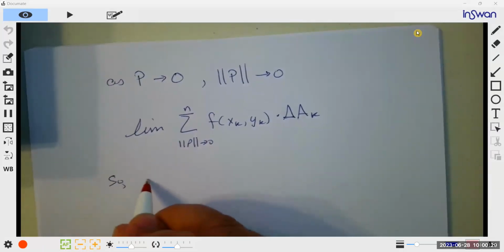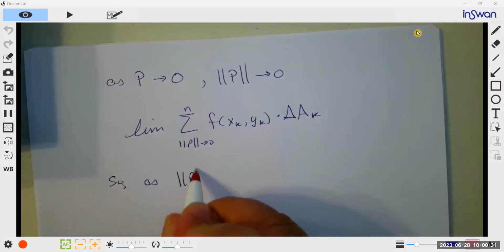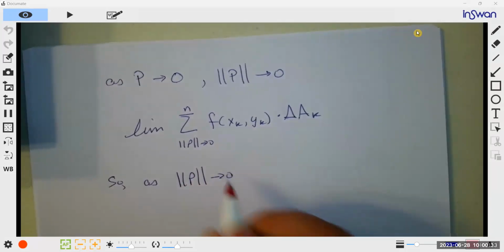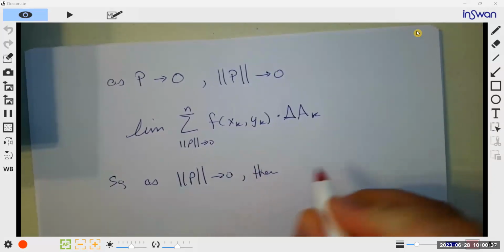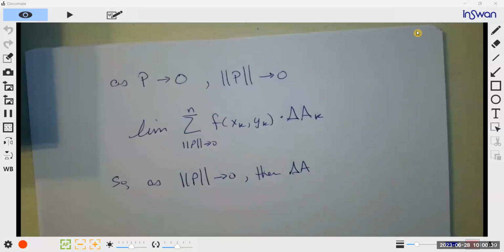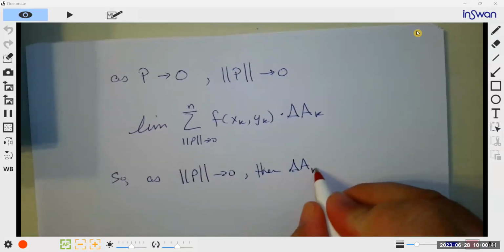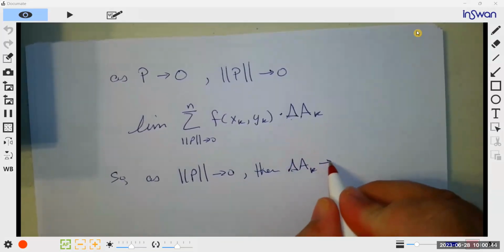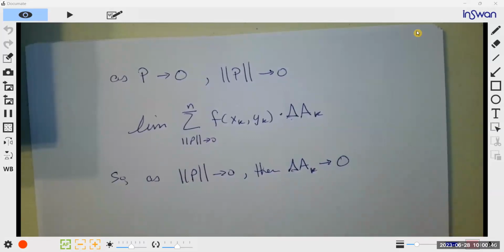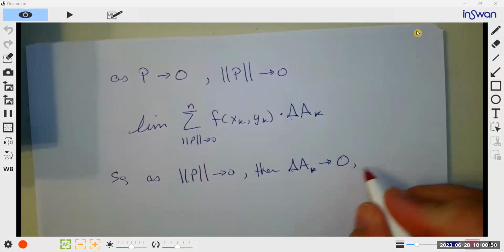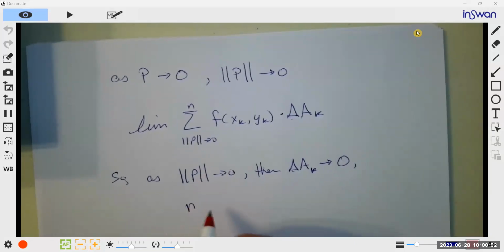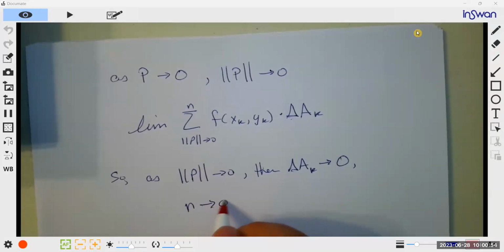So as our norm goes to 0, then the delta area of each of these goes to 0 because they get smaller, smaller, smaller. What that means is the number of them that we have.